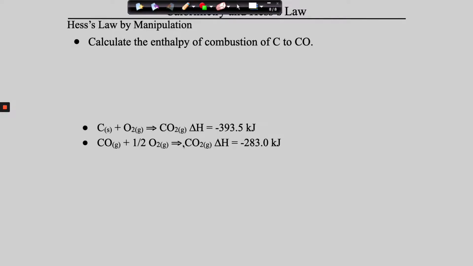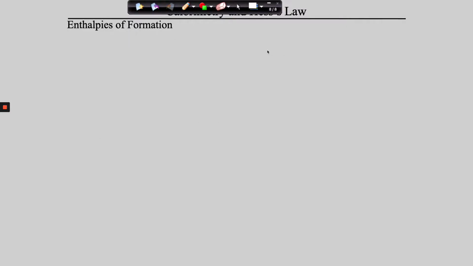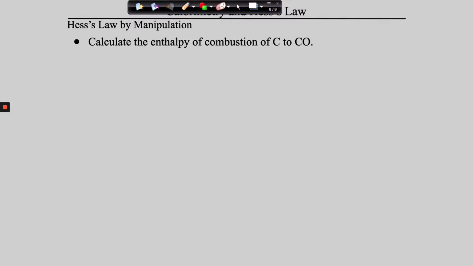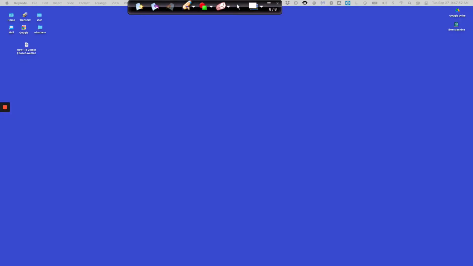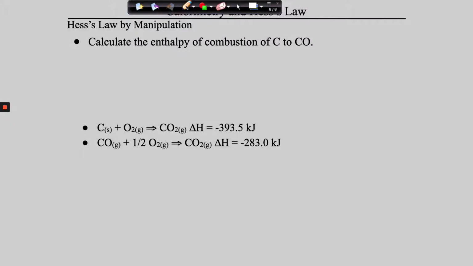Okay, guys, the first thing that we need to do is write what is called our subject reaction. It says calculate the enthalpy of combustion of, thank you, Mila, carbon to carbon monoxide. All right, so it goes like this.